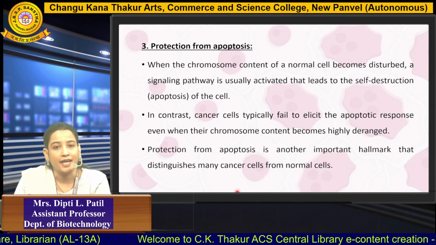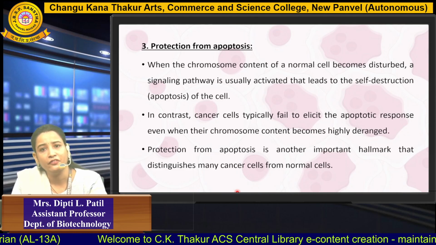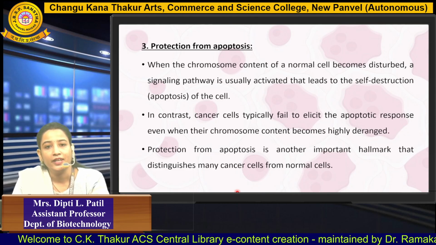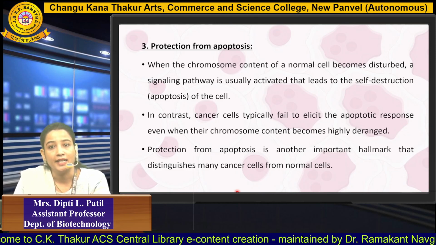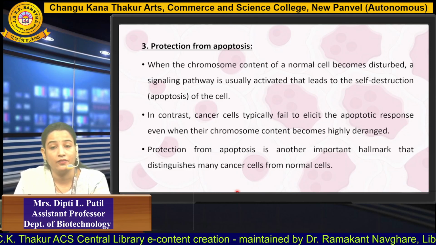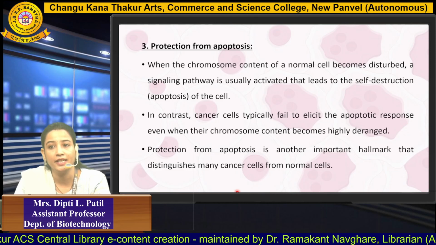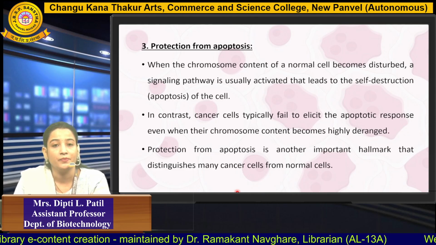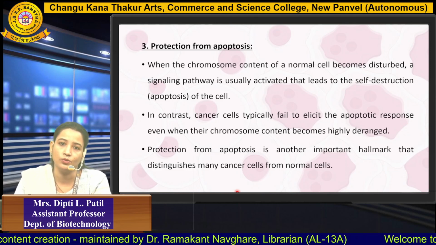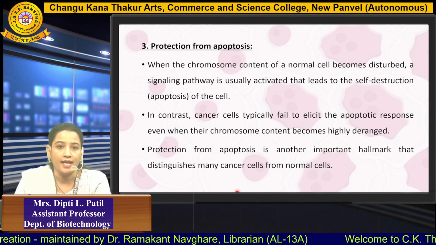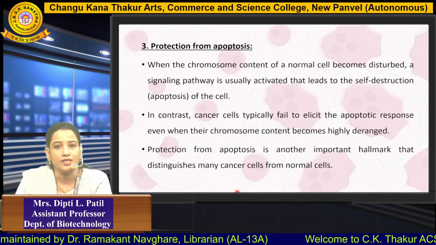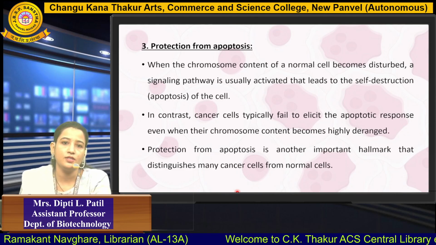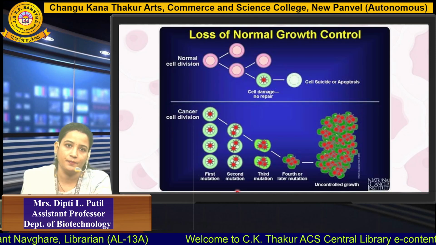But cancer cells typically fail to elicit the apoptotic response even when their chromosome content becomes highly deranged. It means even when the DNA is damaged or there is any irreparable change in the DNA, the cancer cell does not undergo the apoptotic response. And this protection from apoptosis is another important hallmark that distinguishes many cancers from normal cells.